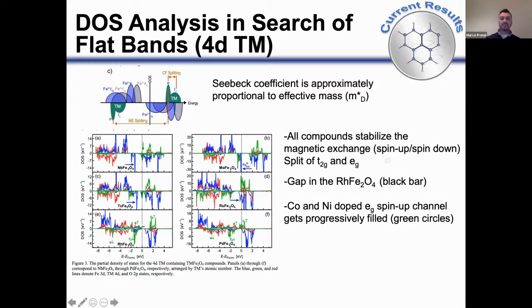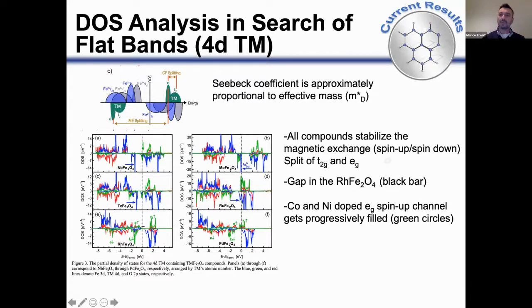We can see pretty much the same density of states for the 4d transition metals. However, here the band gap is much smaller. We still see metallic or half metallic behavior, and we still have one element that induces a band gap, here the ruthenium.